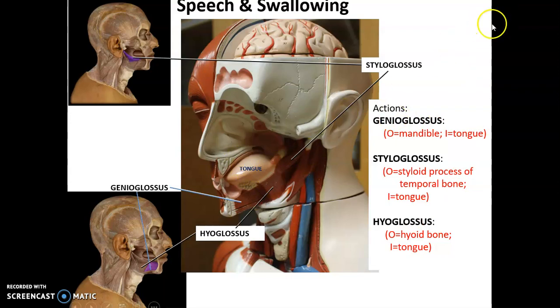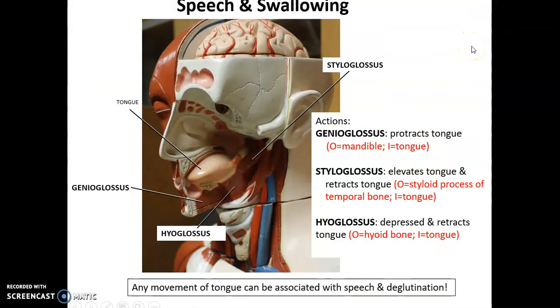Based on their location, you can get a good estimate for what they do. The genioglossus, being toward the front, helps to protract the tongue. So when it contracts, it pulls the tongue anteriorly. The styloglossus muscle, being up and back, when it contracts, will help to retract the tongue, to pull the tongue posteriorly, and also pull it up to elevate the back of the tongue.